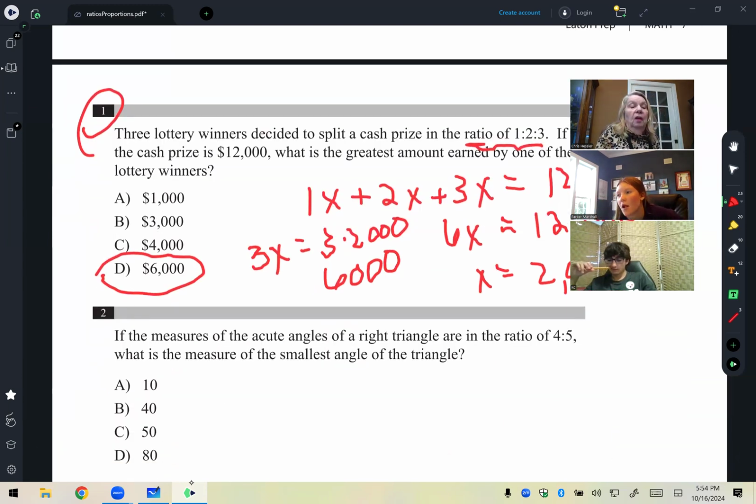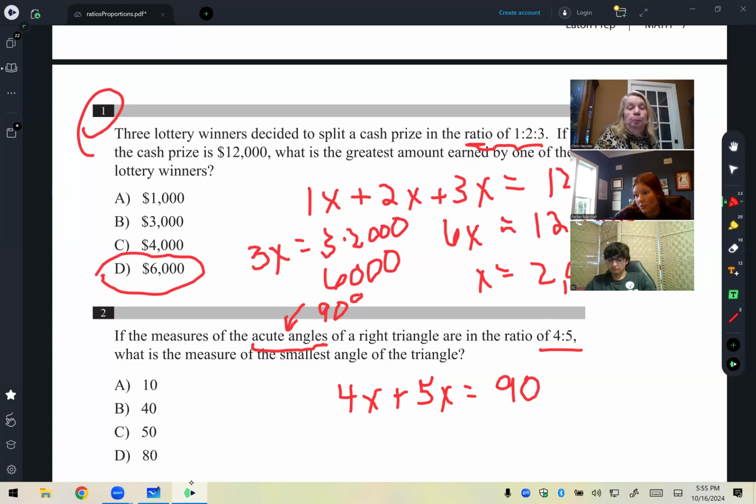Okay. The measures of the acute angles of a right triangle. Now that's going to be 90 because the acute angles add up to 90 degrees, are in the ratio of 4 to 5. We want to get the smallest angle. So we want to do 4x plus 5x is 90 degrees.